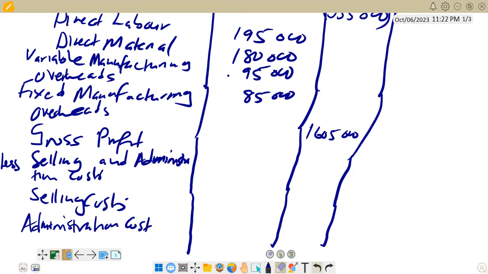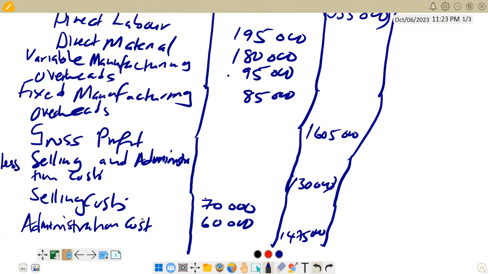So for selling, we have 70,000 here. Then for administration, we have 60,000. If you add the two, you get 130. So this selling and administration is here, so we put 130 here. Then we are subtracting, we said less, so we put it in brackets. If you say 1,605 minus 130, you get 1,475.